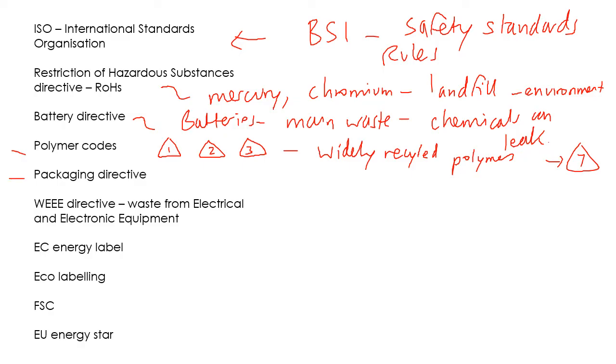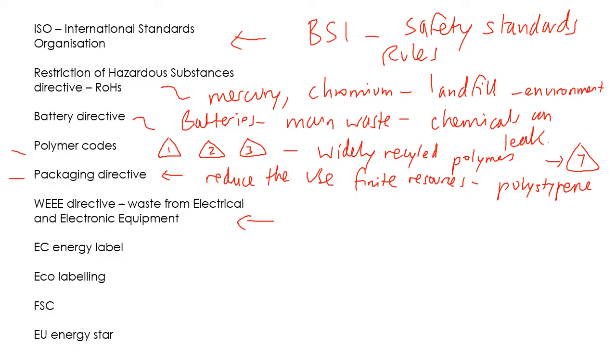You have something called a packaging directive, which is to reduce the use of finite resources in packaging, so things like polystyrene. We've got this one, the WEEE directive, waste from electrical and electronic equipment.